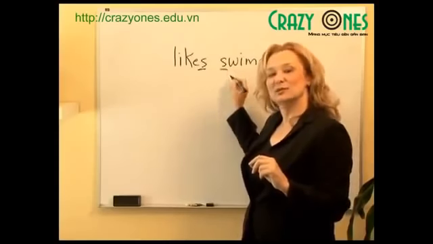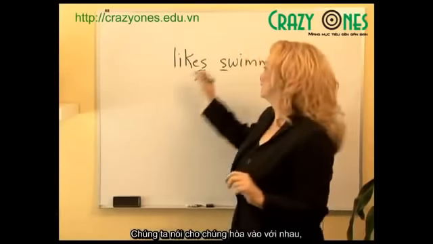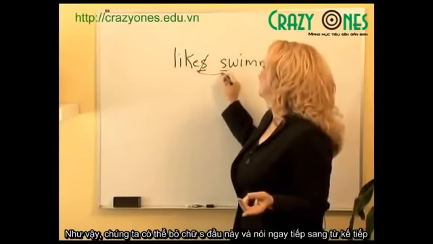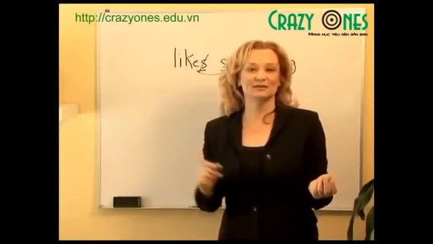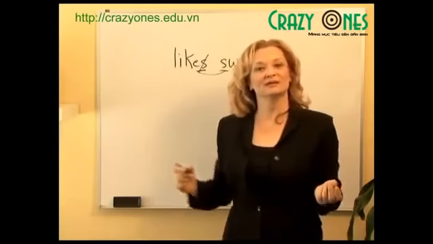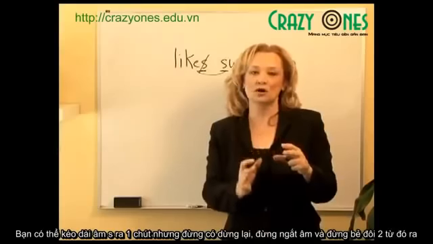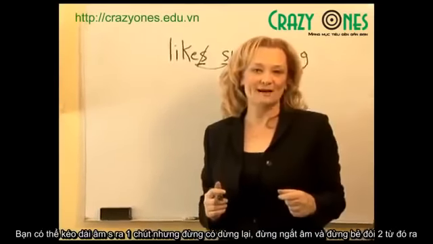Likes swimming. We don't say he likes swimming. We blend it together. We can eliminate this first S and go directly to the following word. And we say, he likes swimming. You can prolong the S a little bit, but don't pause. Don't interrupt the sounds and don't break the two words in half.